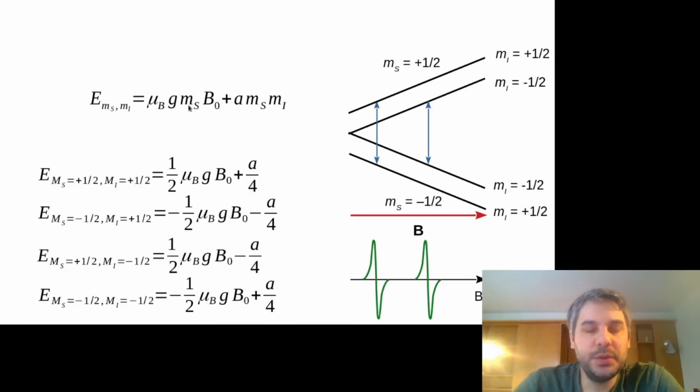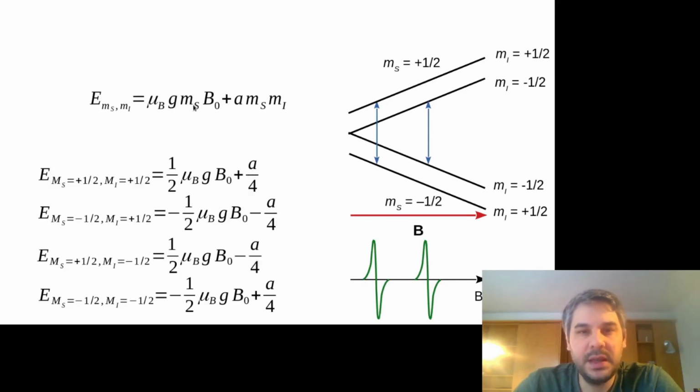So we have two possibilities for ms and we have two possibilities for mi. So we can calculate that there are 4 energy levels. And for ms equals plus 1/2, we'll get the plus 1/2 in front of the mu b times g times b0. So we have it in the first energy level and in the third energy level.